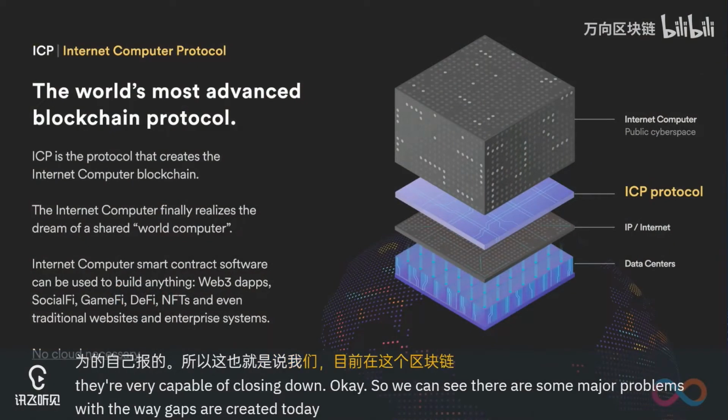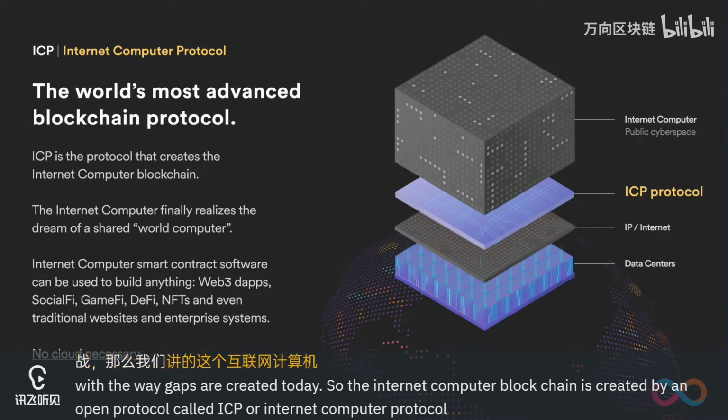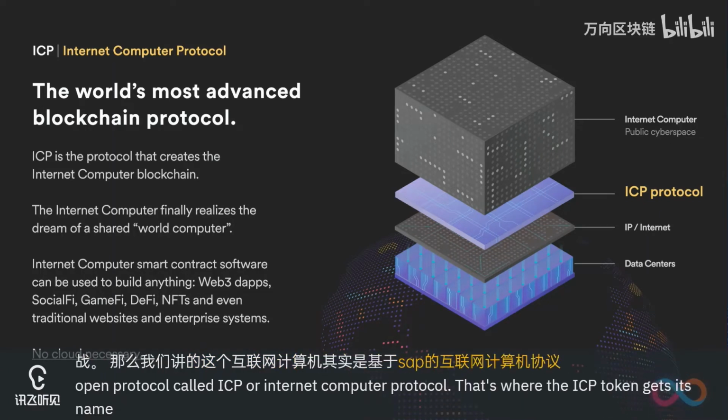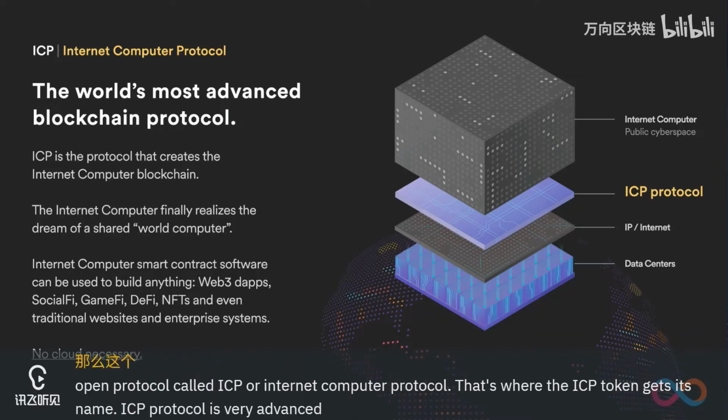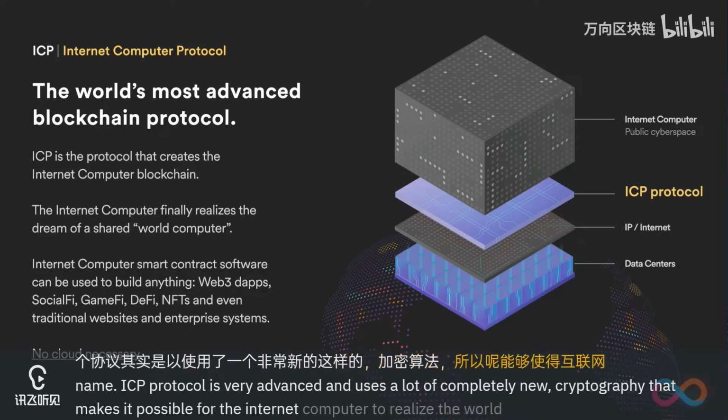The Internet Computer Blockchain is created by an open protocol called ICP, or Internet Computer Protocol. That's where the ICP token gets its name. The ICP protocol is very advanced and uses a lot of completely new cryptography that makes it possible for the internet computer to realize the world computer dream.